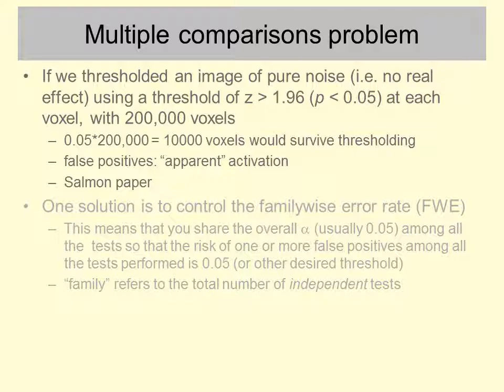Now, while that's obvious theoretically, there's quite a famous paper that did a practical version of this, where they actually scanned dead salmon in a social psychology experiment with an experimental manipulation that would be of interest if the participant was human and alive, and then they performed all the statistics and thresholded the functional contrast of interest at the 1.96 Z threshold, and they got activation in the salmon's brain and brainstem for some social psychological contrast.